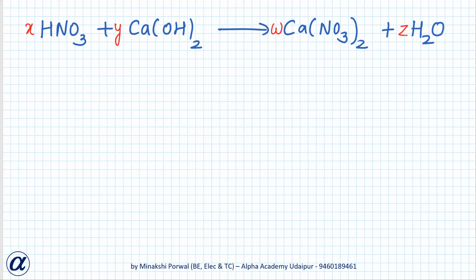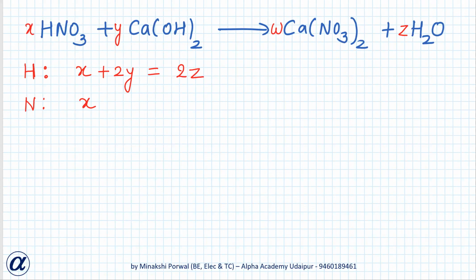Now I'll make the algebraic equation for hydrogen. Hydrogen here is 1, so I'll write x. Hydrogen here is 2, so x plus 2y is equal to, hydrogen here is not present, hydrogen here is present 2 times, so it is equal to 2z. So the first equation will be this. Then I'll make one equation of nitrogen. Nitrogen is 1 only, so x, no nitrogen in the second compound.